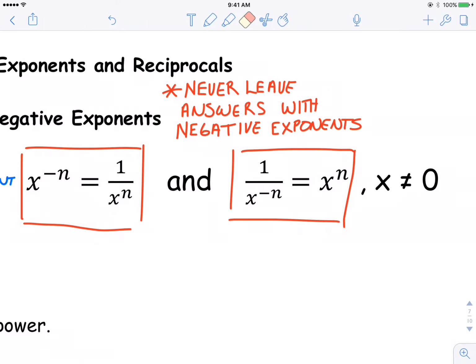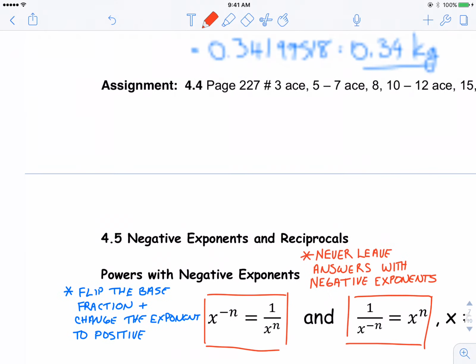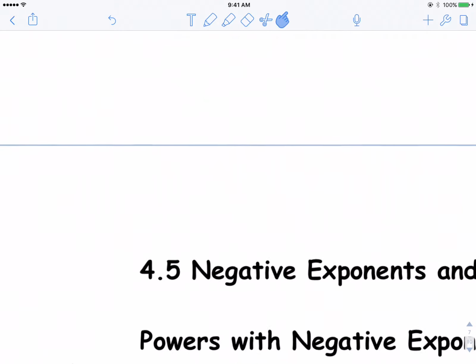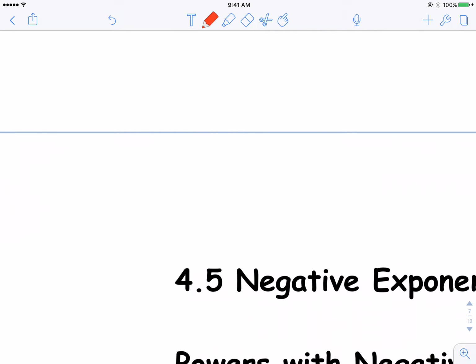Now, let me show you how these rules come about. I'll start with x to the negative n is equal to 1 over x to the n. X to the negative n. First thing we need to do is make that x, that base, into a fraction.